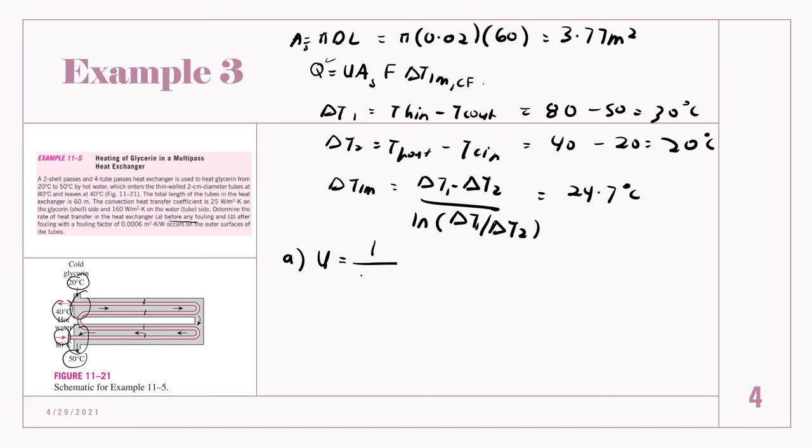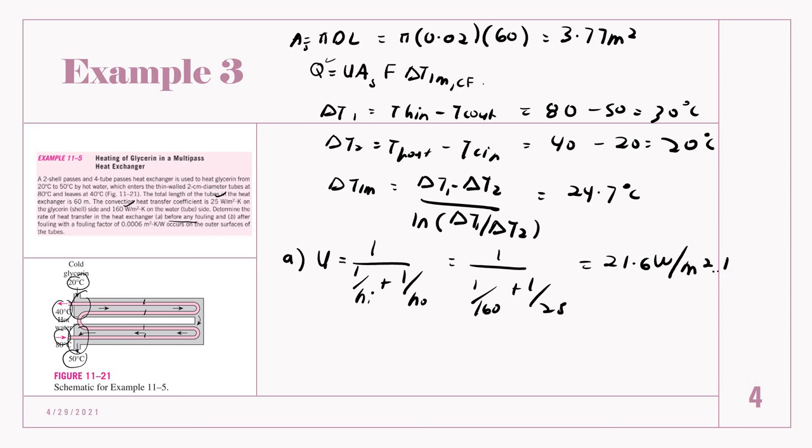U is 1 over 1 over Hi plus 1 over H0. We have Hi and H0, which are 25 and 160. So 1 over 160 plus 1 over 25, we will get 21.6 watt over meter squared dot K.